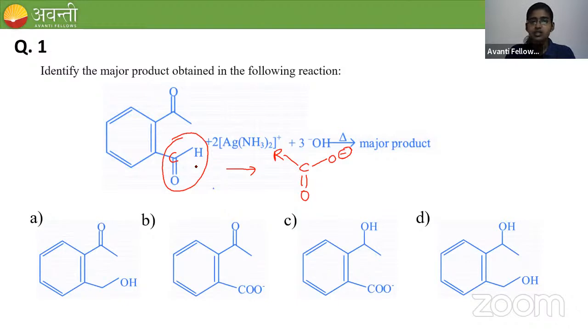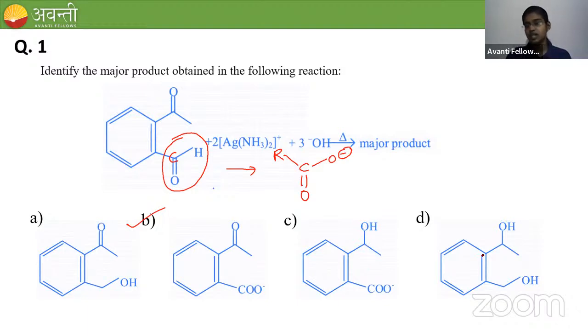Got it? So CHO is getting converted to COO minus is the answer, and this is given in option B, right? So in A, if you see, the aldehyde is getting converted to alcohol. No, that is not the answer. And in option C, the aldehyde part is getting oxidized, but the ketone part is also getting reduced to alcohol.